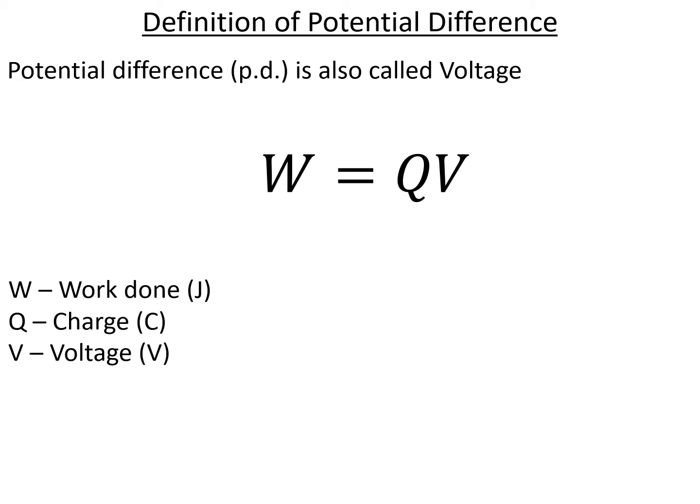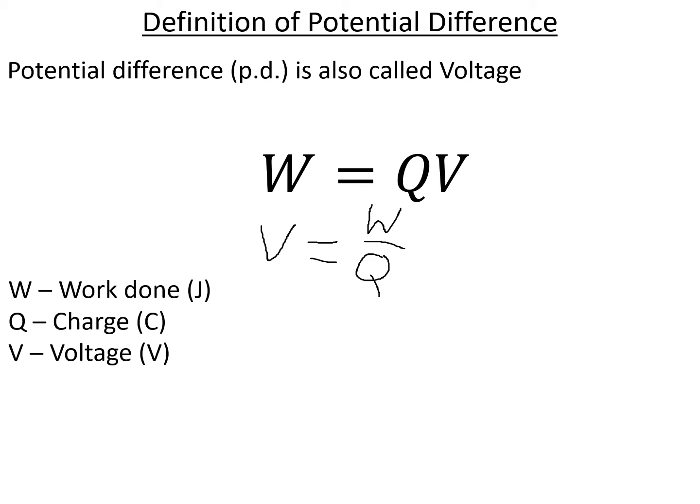Well, usually we say the energy, which is written as W, or work done, is equal to Q times V, which is charge times the voltage. That doesn't really look very useful, so I'm going to rewrite this as voltage, or potential difference, is equal to W over Q.